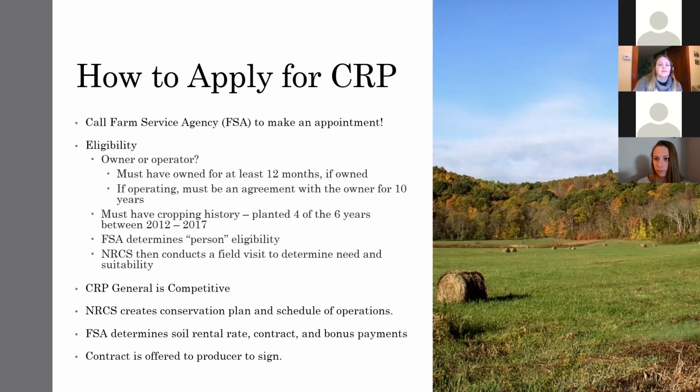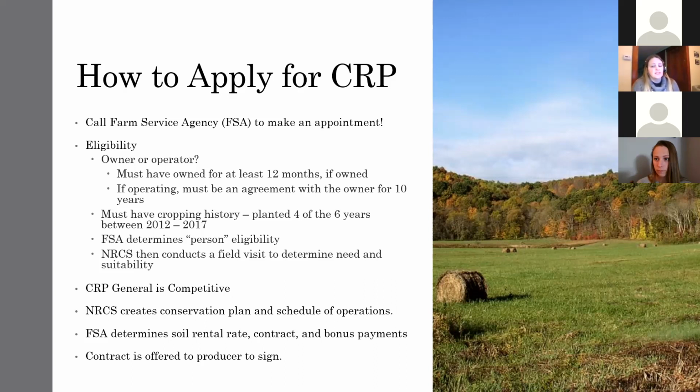For CRP, you do have to have cropping history on your farm, which means that you have to have produced a commodity crop for 4 out of the 6 years that are spelled out in that farm bill. So you'll again talk to FSA about that. But it does remain cropland, even if you were to switch it into this cover.